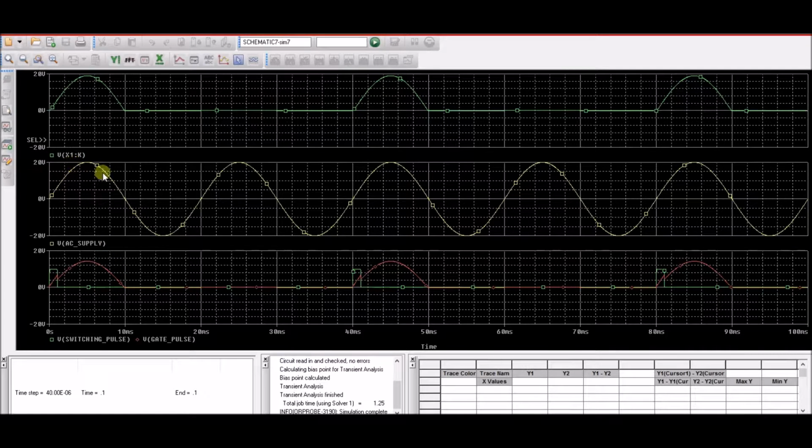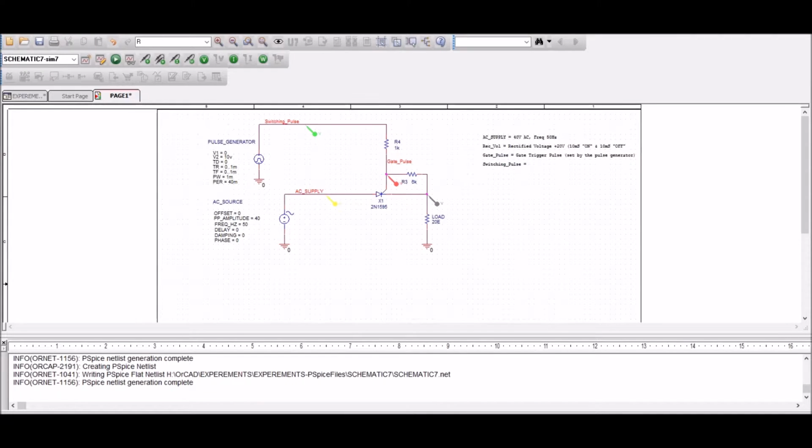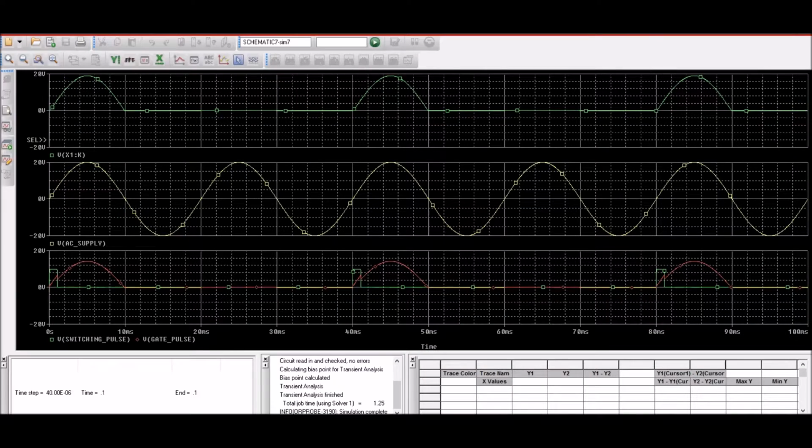and the sine wave, which is the same because this is the input voltage, and the output voltage swings to the positive side because this works as a rectifier.